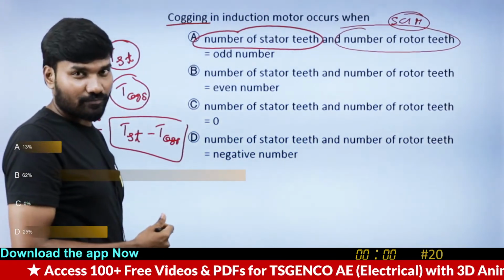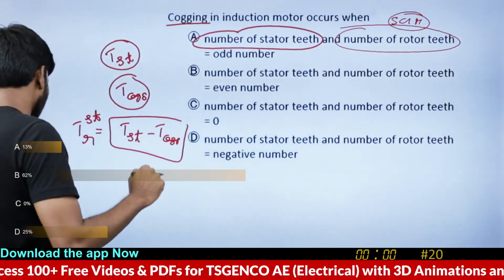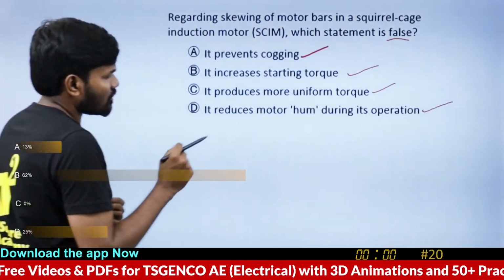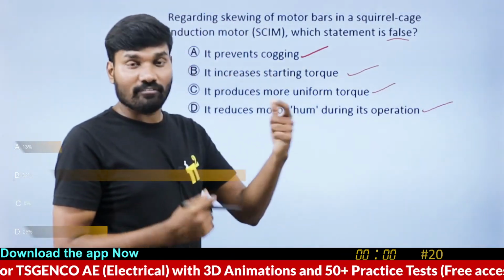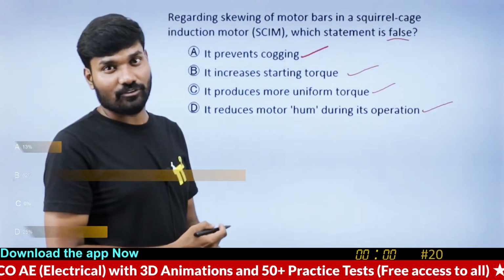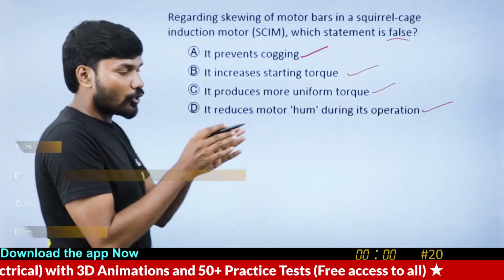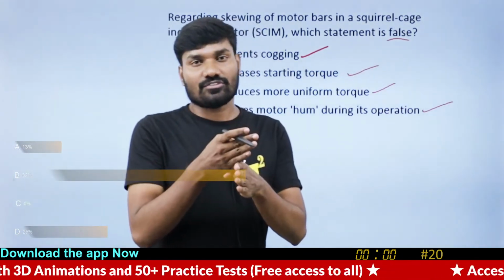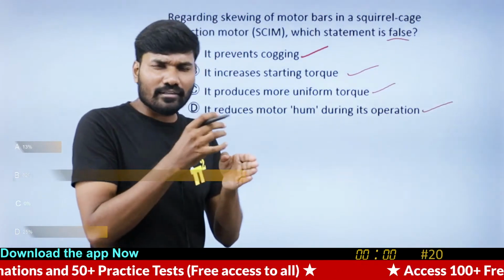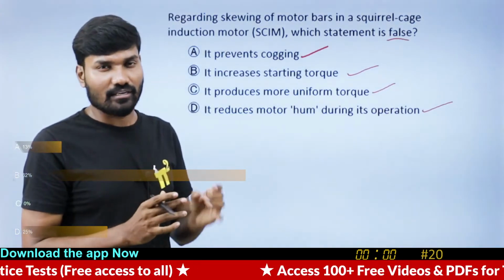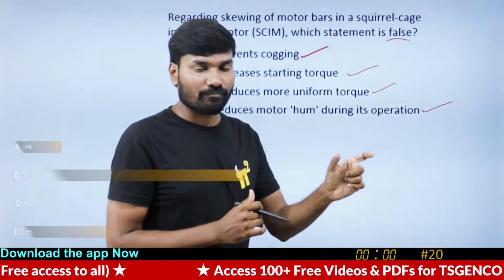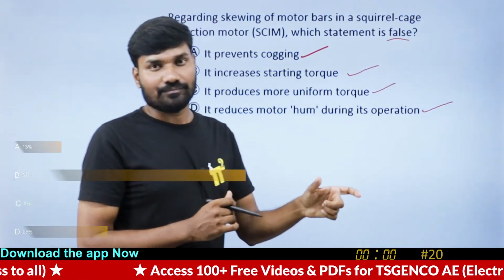That's reason number one. Reason number two for the increase in starting torque, of course a small value, is the increase in length. Very good, Raju. When you skew the slots, there is a little bit of increase in the length of the conductor.